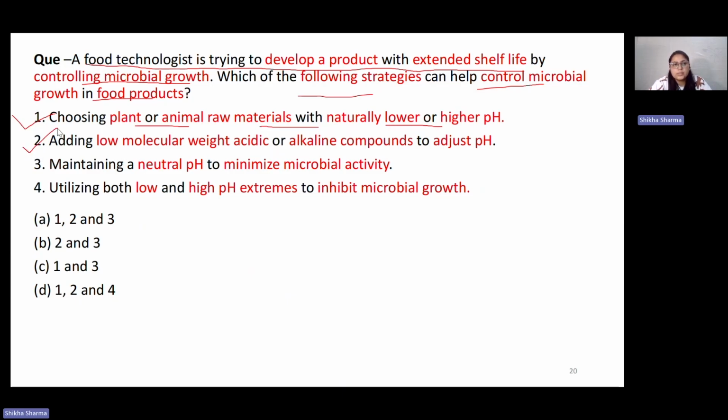Second is adding low molecular weight acidic or alkaline compounds to adjust the pH. Third is maintaining a neutral pH to minimize the growth or activity of the microorganisms. And fourth is utilization of both high and low pH extremes to inhibit microbial growth.